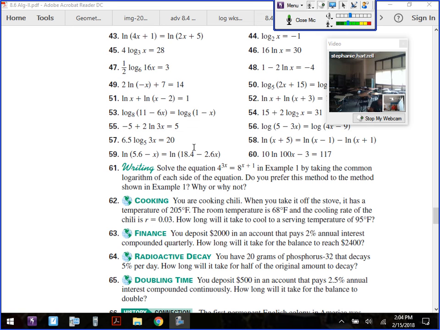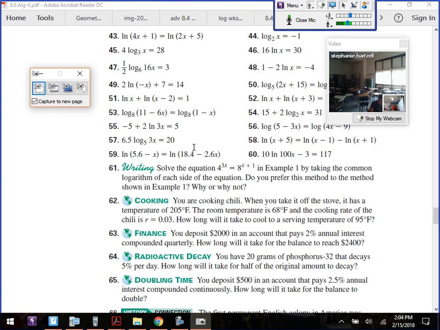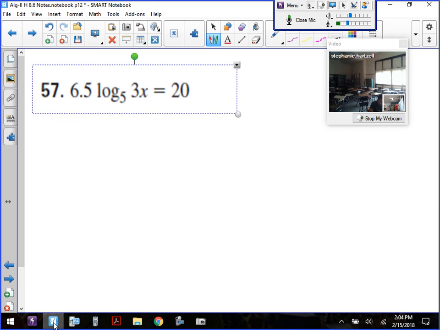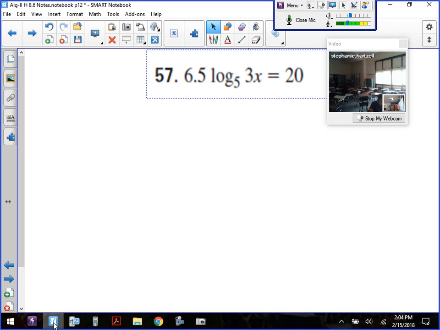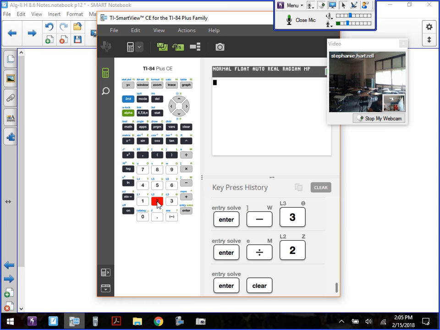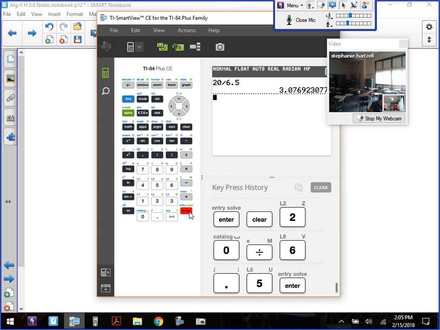First thing you're supposed to do here is divide by 6.5. So if I divide by 6.5, let's see, I need a calculator. So it's 20 divided by 6.5 and hit enter.